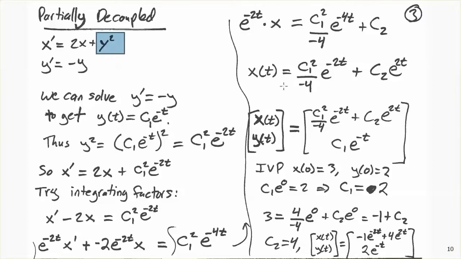And this particular solution, c1 squared over minus 4 e to the minus 2t, that must solve the entire inhomogeneous equation. And it does make sense, because if you guess something that looks like an e to the minus 2t, we do get something that looks like an e to the minus 2t. It just happens to have to be that divided by minus 4.